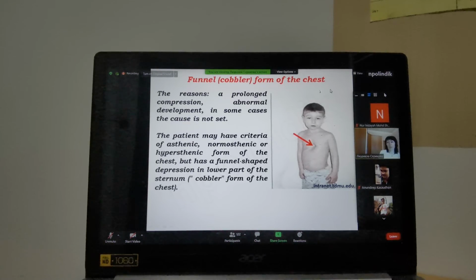Sometimes it may be idiopathic, sometimes there is some occupational cause. It may be absolutely normal, only with compression.